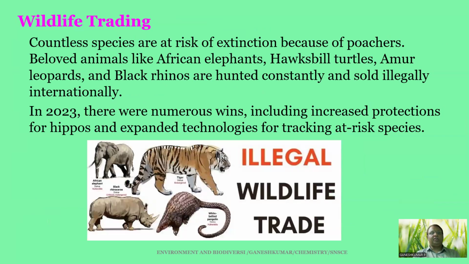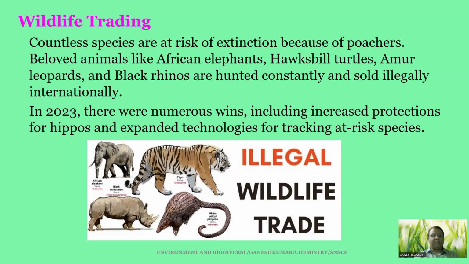Another important threat to biodiversity is illegal wildlife trade. Countless species are at risk of extinction because of poachers. Beloved animals like African elephants, the hawksbill turtle, Amur leopard, and black rhinoceros are hunted constantly and sold illegally internationally.